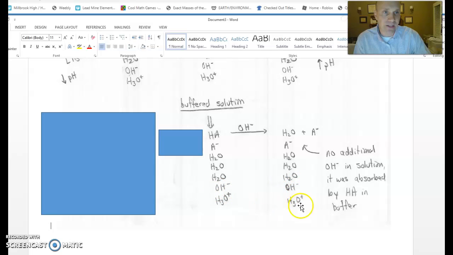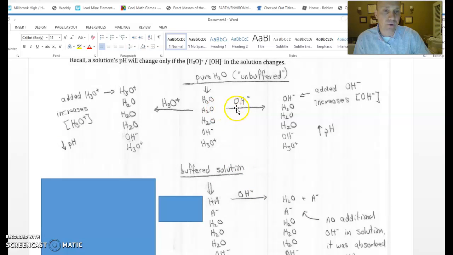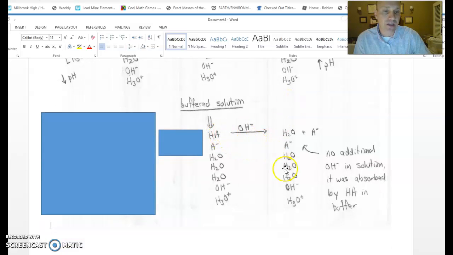We don't have any extra H3O plus. So by comparison, before, added OH minus resulted in an increased amount of OH minus in the solution. Here, added OH minus has no effect on that. That's because the OH minus gets absorbed, reacts with an HA, so that it doesn't result in an extra hydroxide being there.